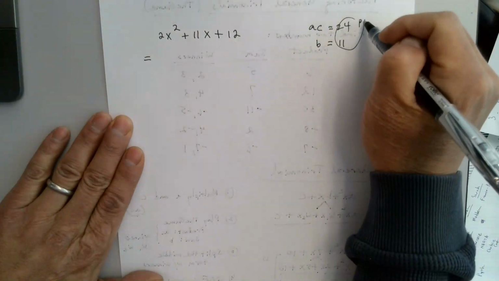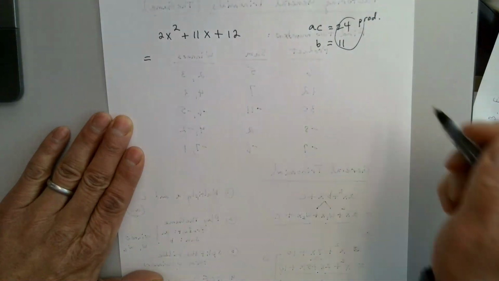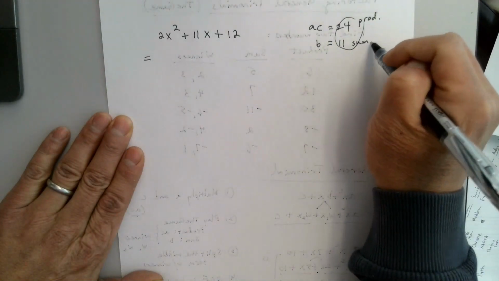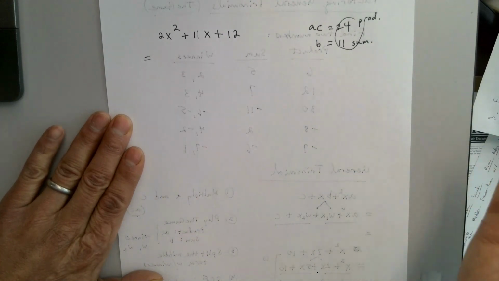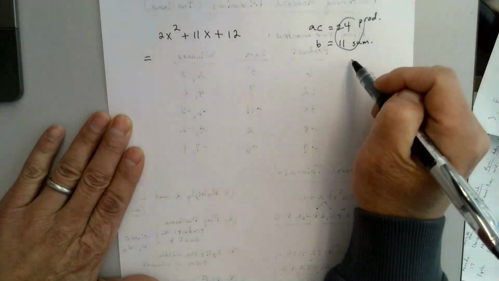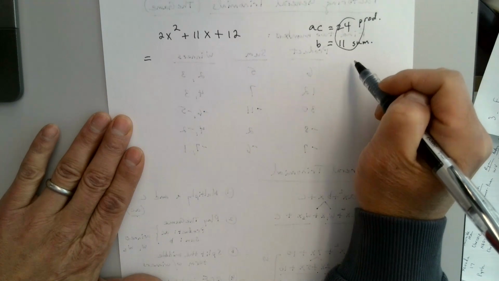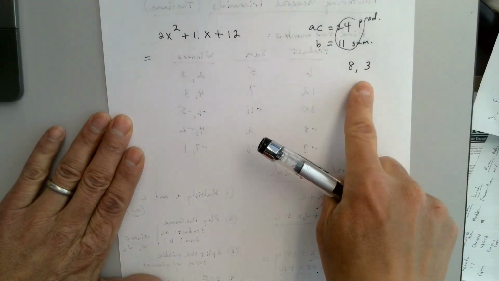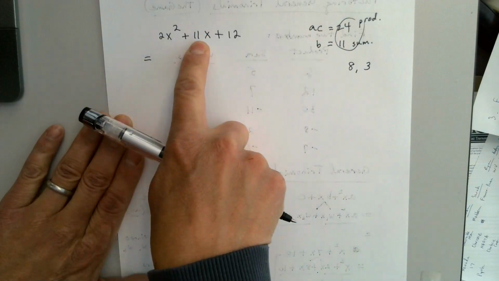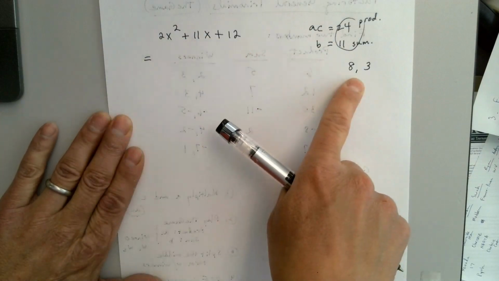I want a product of 24, and I want a sum of 11. What are my two winners? My two winners are 8 and 3.